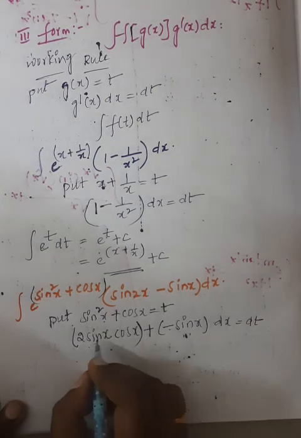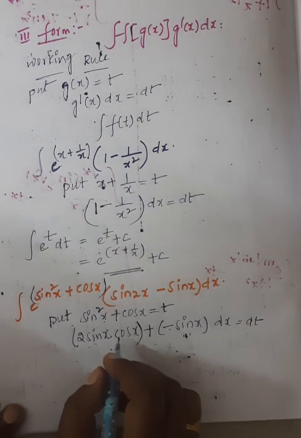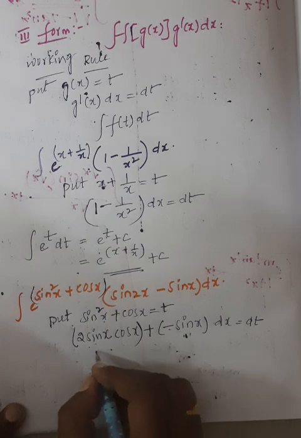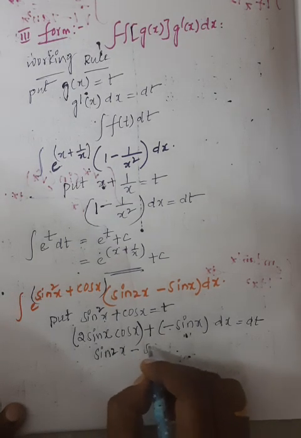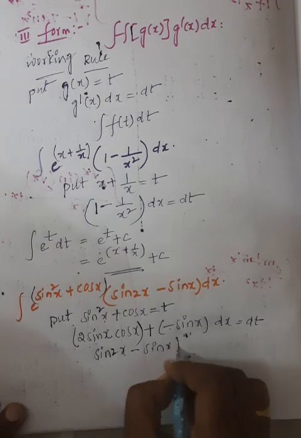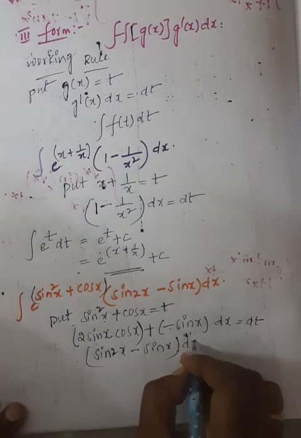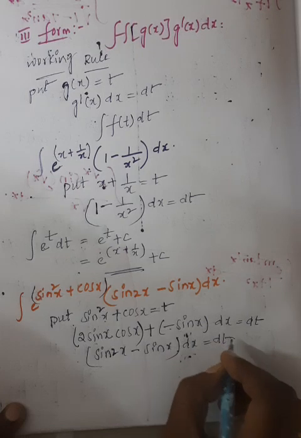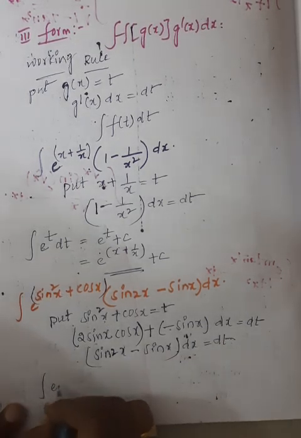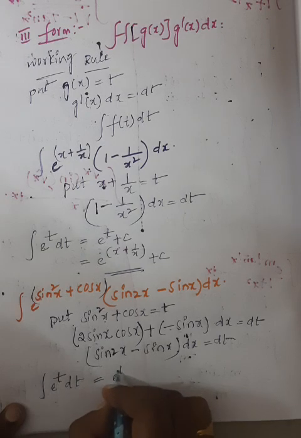So 2 sin x cos x is one formula, which is equal to sin 2x, minus sin x is equal to dt. Now we have to go for the question, e power t dt, which is equal to e power t plus c.